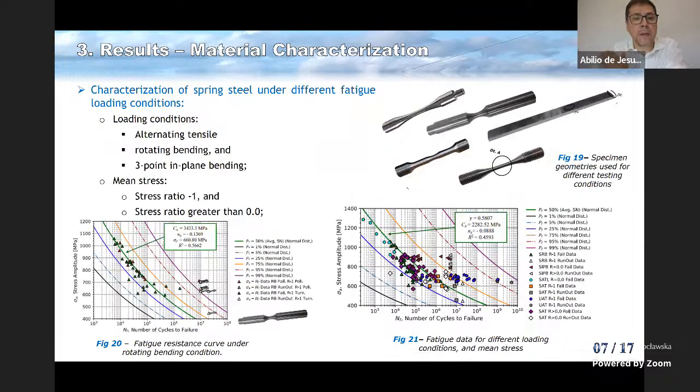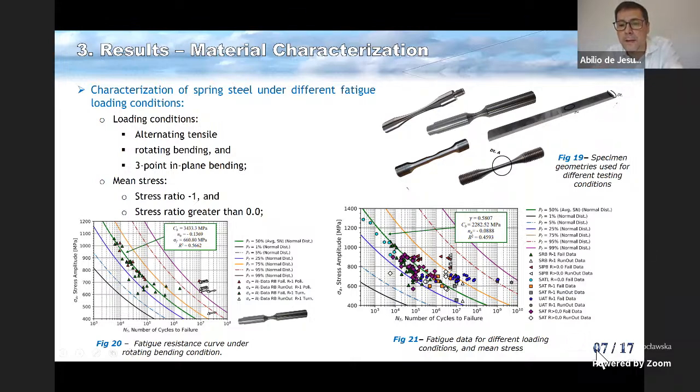Also, we put more energy on the fatigue S-N characterization of the material, because we believe in this case crack initiation will be the leading damage mechanism. For that we cover a lot of different situations, like different loading conditions, so we change the mean stress in the tests.